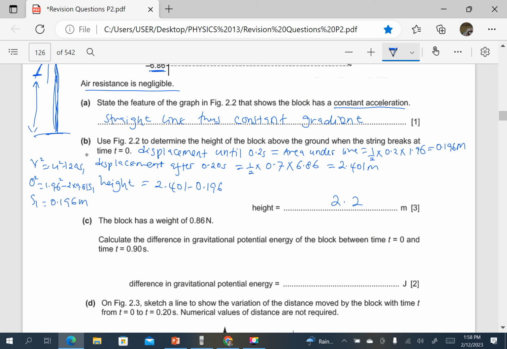Then we can get s2 using the same formula. Again, v squared, it reaches maximum velocity at 6.86 when it returns. So I'll say 6.86 squared is equal to initial velocity, considering it starting from the highest point. So it starts from 0 at the highest point, so that will be 0 squared.